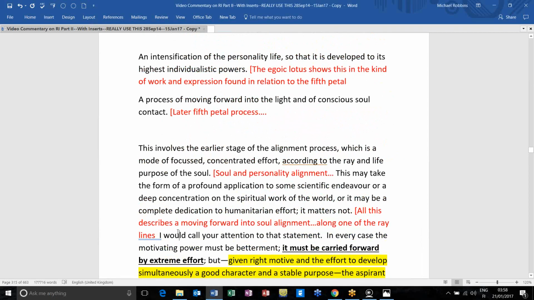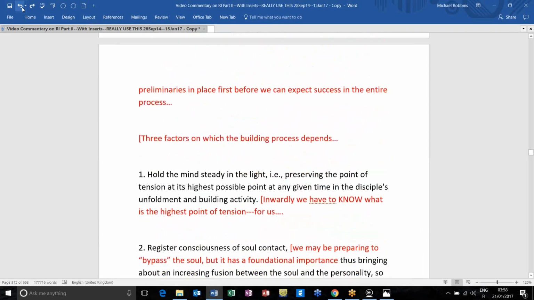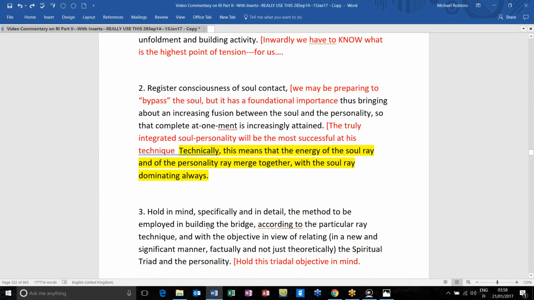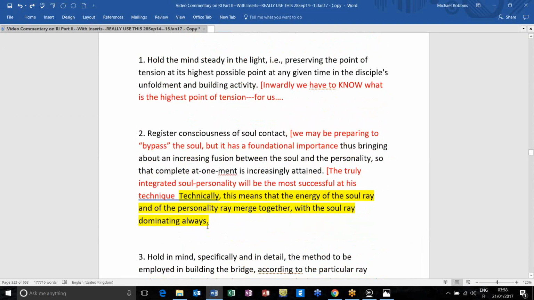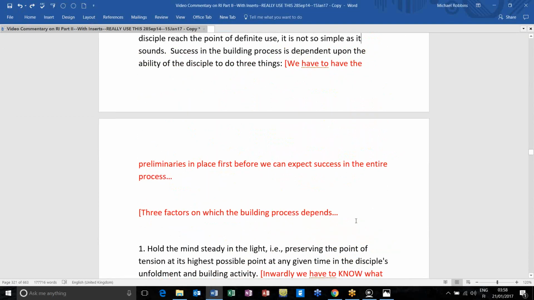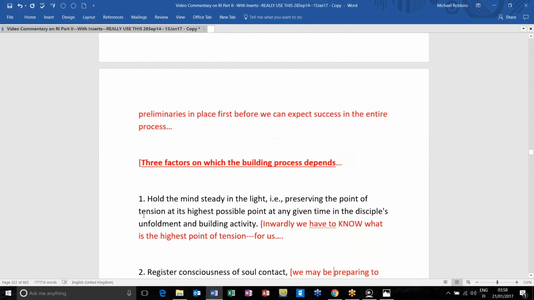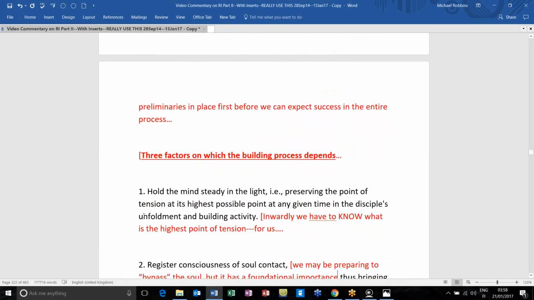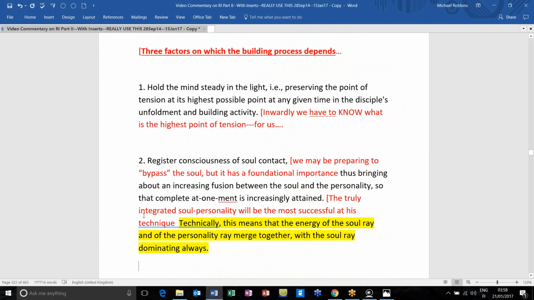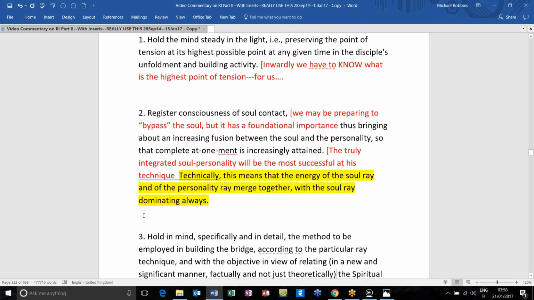All right, somewhere we are here. Tends to leap a little bit. So what we've just looked at is three factors on which the building process depends. The mind is held steady in the light, and the point of tension is preserved at the highest possible degree of tension. Soul contact is registered and fusion is occurring.